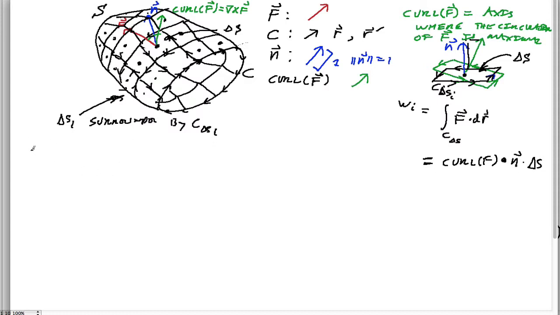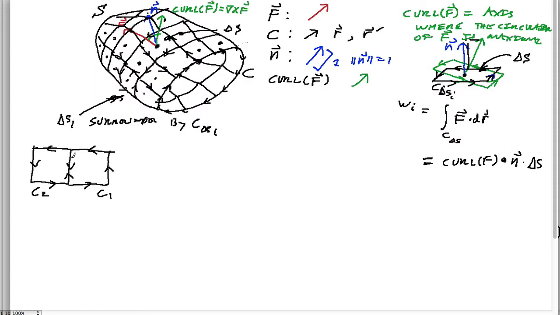And notice one thing. If I have two squares like this, and I want to do two work integrals, we're going to do them in that counterclockwise orientation. I'm going to call this path C1 and this path C2.